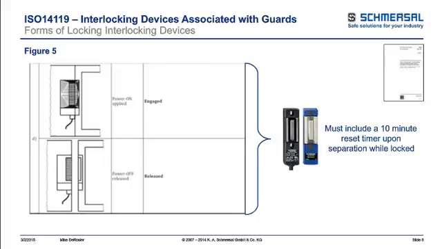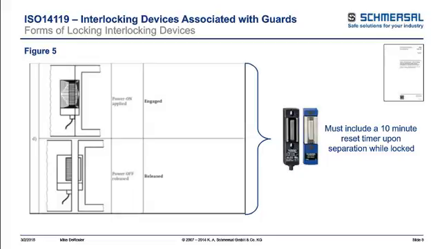Now, in addition, something that's new in the standard is electromagnetic locking, which comes back to the point of whether you need energized to lock or energized to unlock. You can use both as a safety function, just determined by your risk assessment.